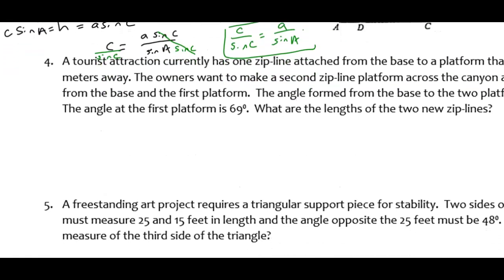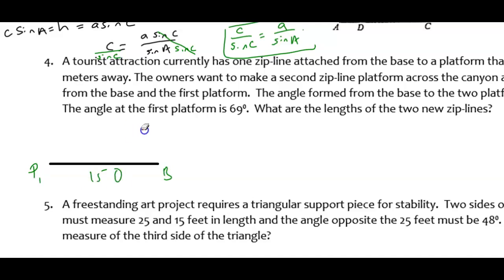All right, moving along. So right here it says a tourist attraction currently has a zip line attached from a base to a platform that's 150 meters away. I like to draw as I read. So there's a platform, there's a base, and they are 150 meters away.